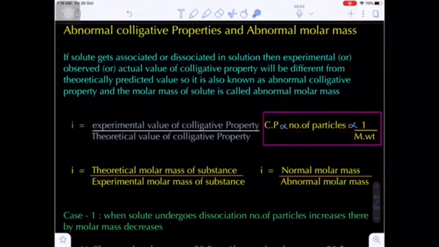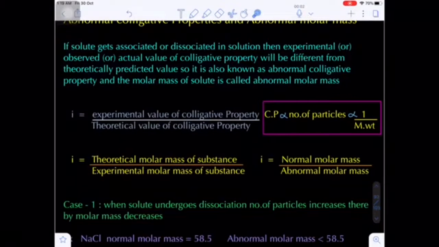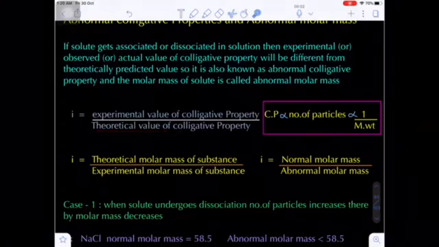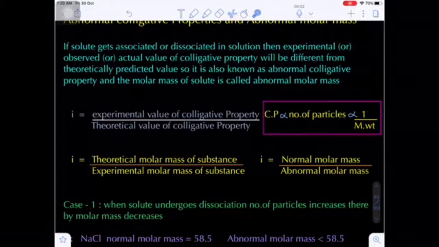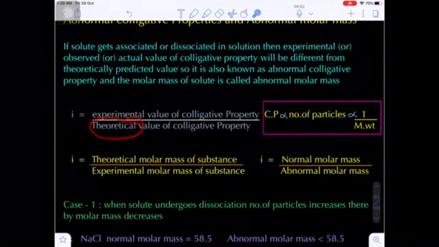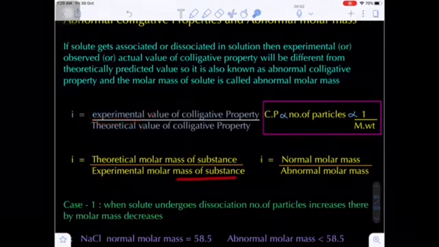Now, in the last class I already explained the Van't Hoff factor, that is iota. It is the ratio of the experimental value of a colligative property divided by the theoretical value of a colligative property. Otherwise, if you want to express iota in terms of molar mass, because the colligative property and molar mass are inversely proportional, in the numerator I write the theoretical molar mass of a substance divided by the experimental molar mass of a substance.